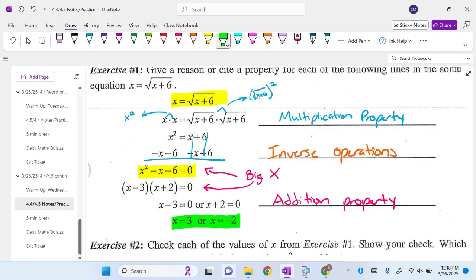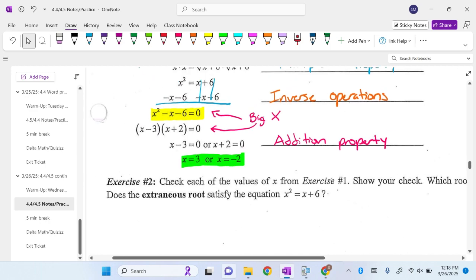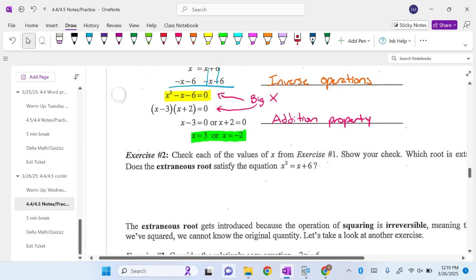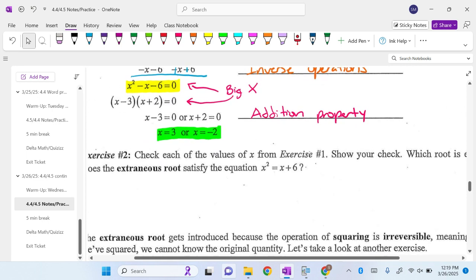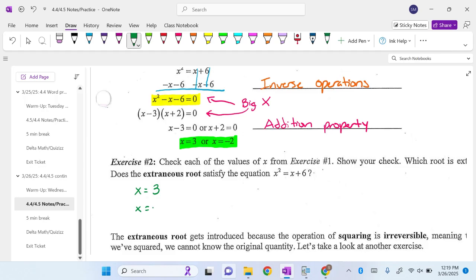Now, we need to check to see if either one of these two solutions is an extraneous solution for our original. So we're going to plug x equals 3 and x equals negative 2 back in separately into x equals the square root of x plus 6.